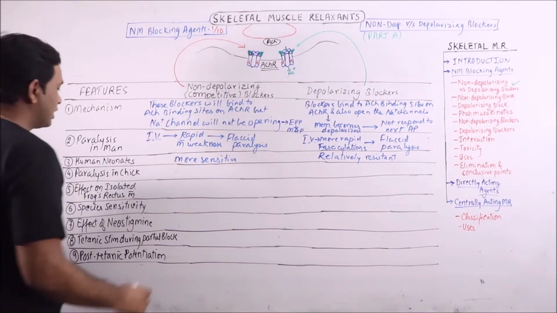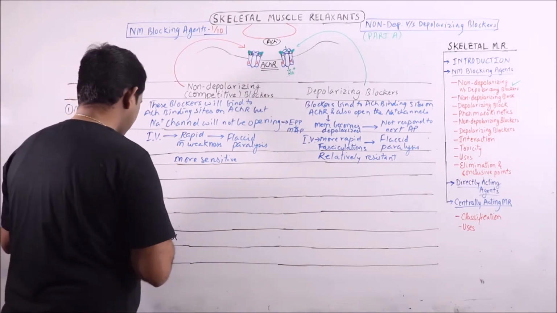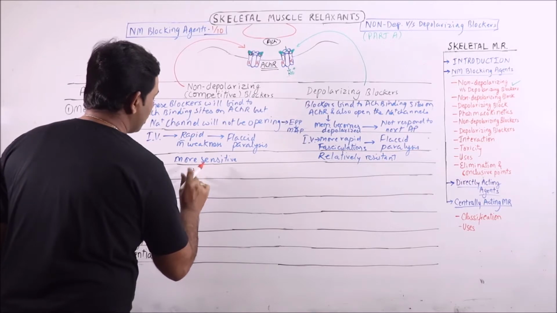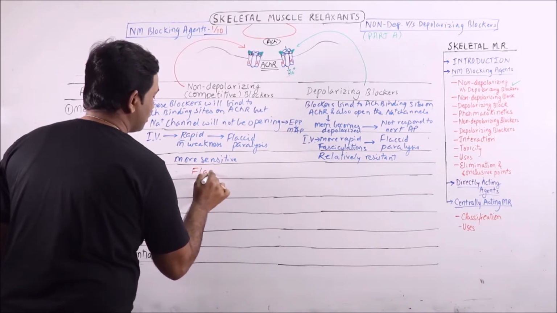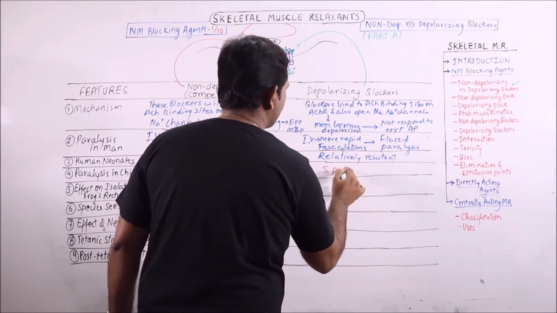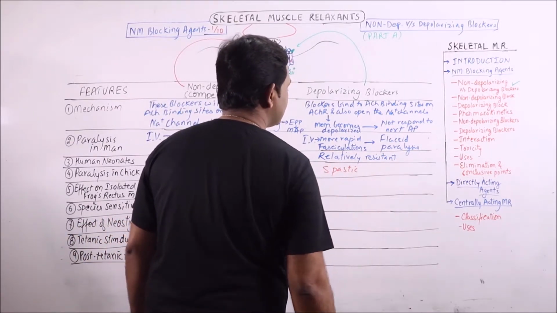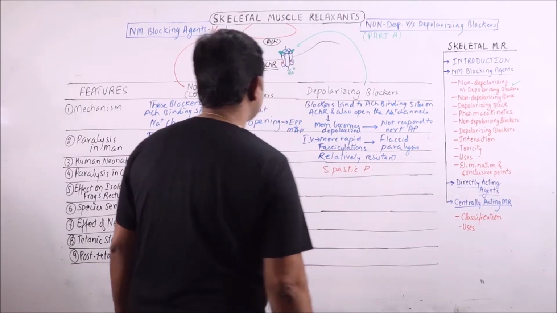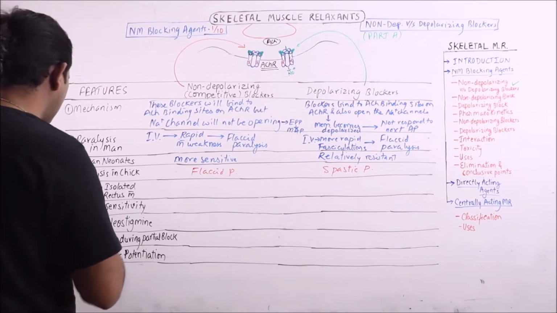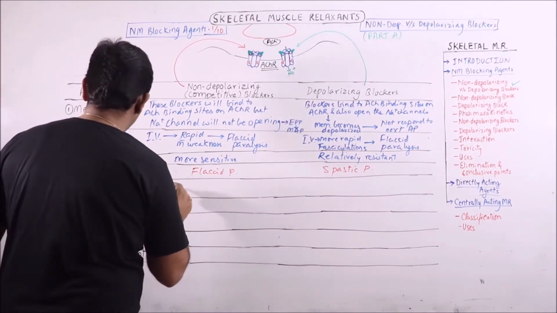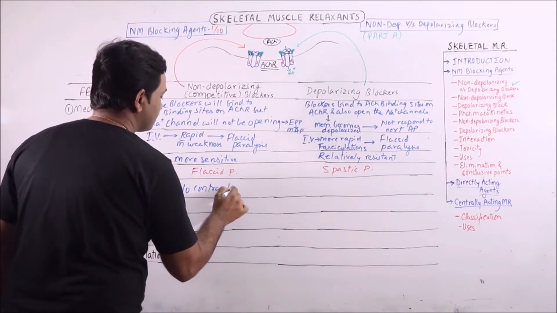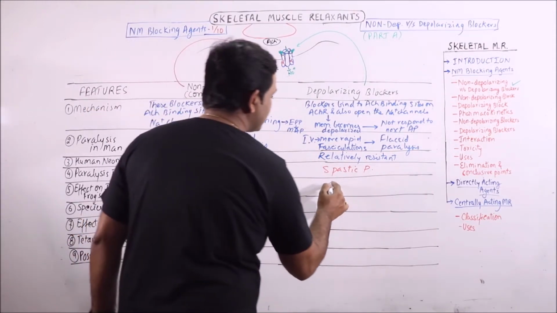If paralysis in chick is discussed, non-depolarizing blockers cause flaccid paralysis. Here, the depolarizing blockers will result in spastic paralysis. What is the effect on isolated frog rectus muscle? No contraction is there. Here the contraction can be observed.